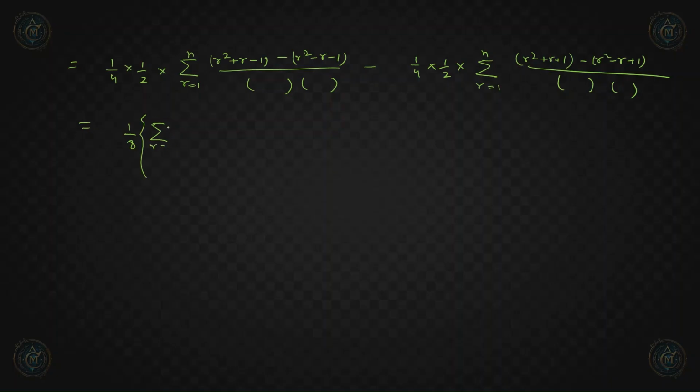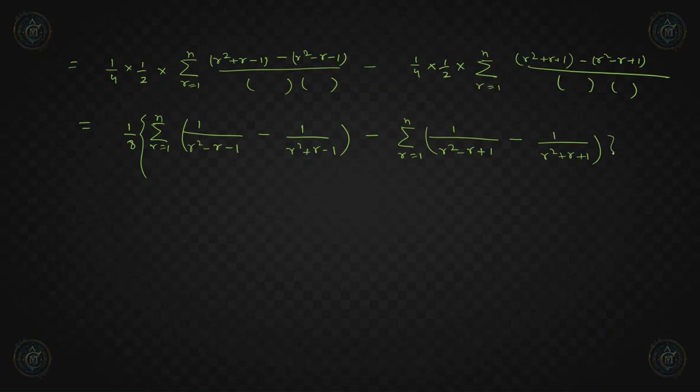Then we have summation r equal to 1 to n of 1 divided by r square minus r minus 1 minus 1 divided by r square plus r minus 1, sorry. And then we have minus summation r equal to 1 to n of 1 divided by r square minus r plus 1 minus 1 by r square plus r plus 1, okay, like this.